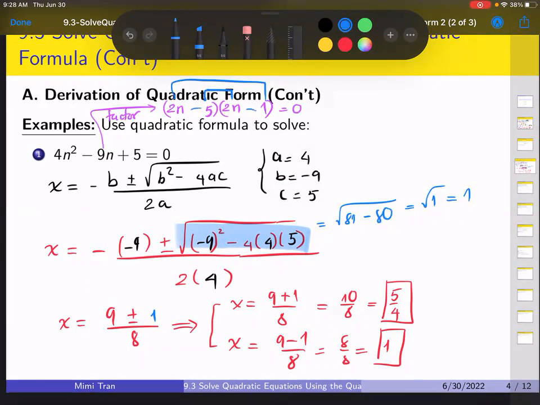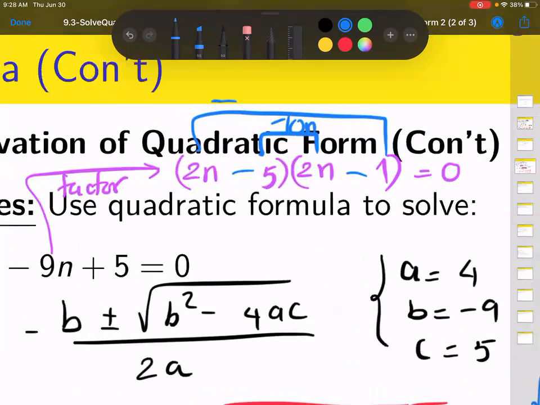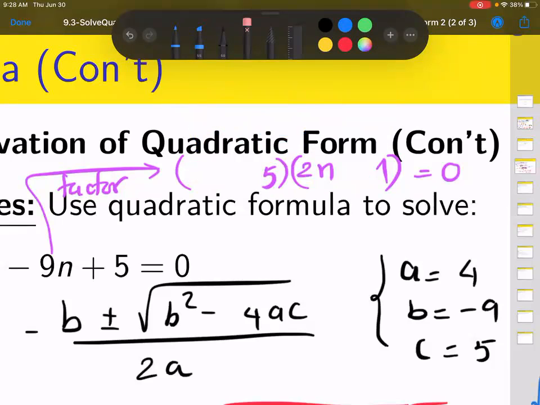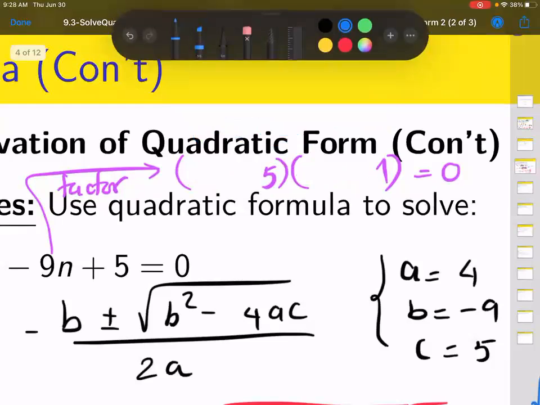All right, let's check. -5 times 2n is -10n. And 2n times -1 is -2n. Those don't add up to -9n, right? So you know that you got it wrong. And you change this. I'll keep the 5 and 1, because there's nothing I can change about the 5 and 1, but I can change the 2n and 2n into 4n and 1n.